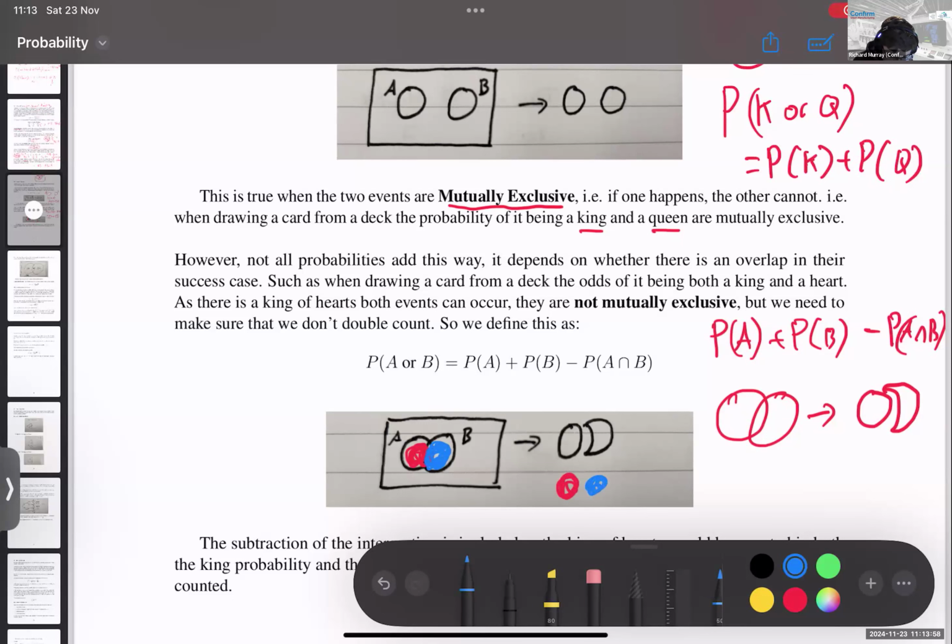And this is going to, in total, sum to be more than 1.